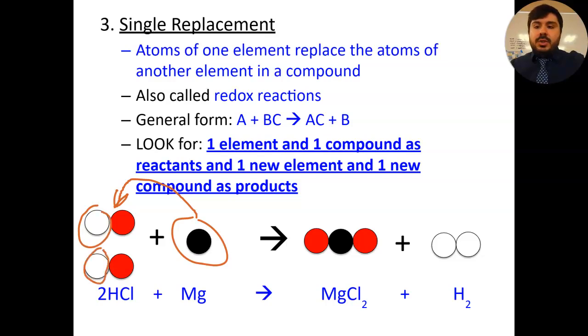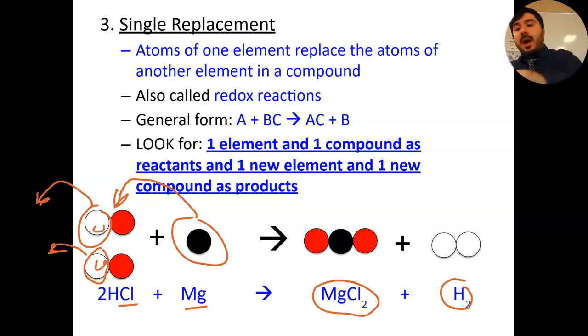So these two hydrogen atoms get booted out to be by themselves. That's why when we look on the right-hand side as products now, we have this magnesium bonding with the Cl to create MgCl2, magnesium chloride. And now we've got these hydrogens by themselves because this H and this H got booted out to create H2 as an element on the right-hand side.